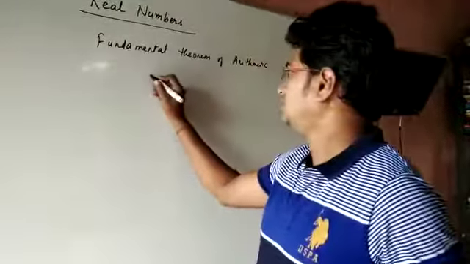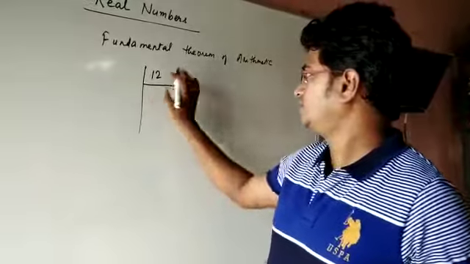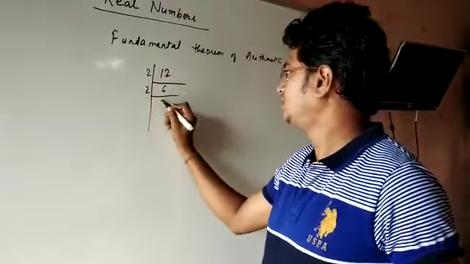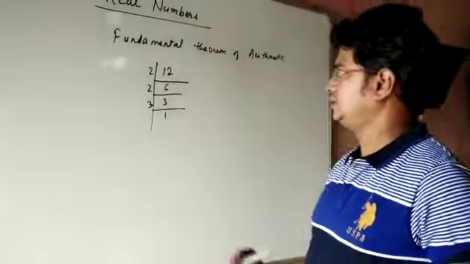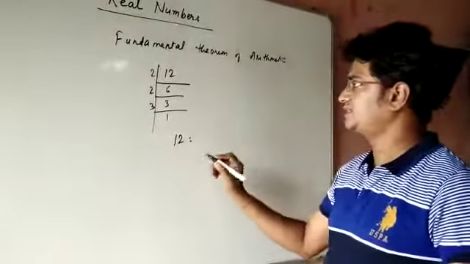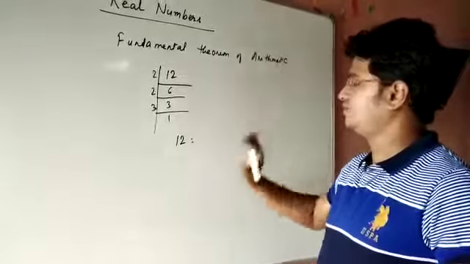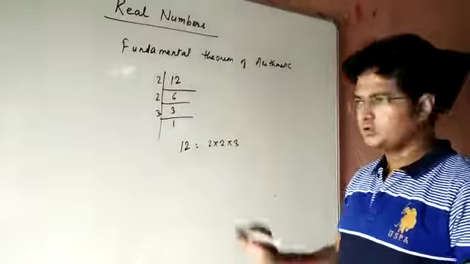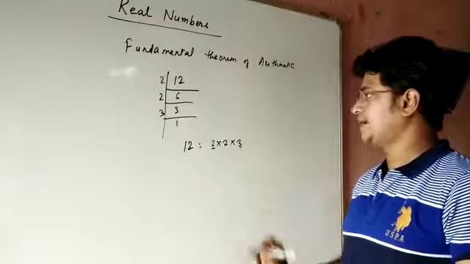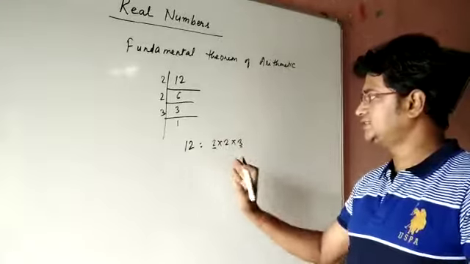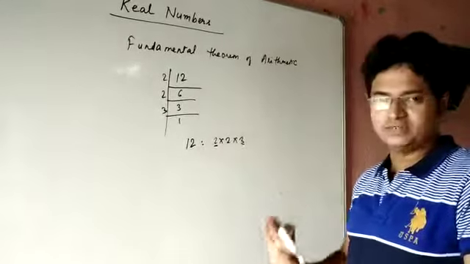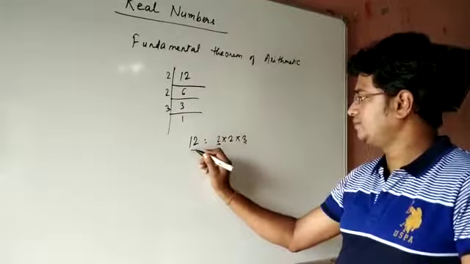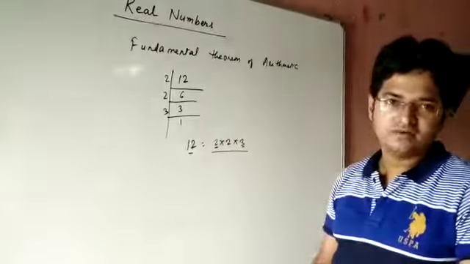For example, 12 is a composite number. 2 sixes are 12, 2 threes are 6, 3 ones are 3. So the prime factorization is 2 into 2 into 3. These are prime numbers. You can change the order, you can write 3 first and 2 afterwards, but the composite number can be expressed as the product of prime numbers.